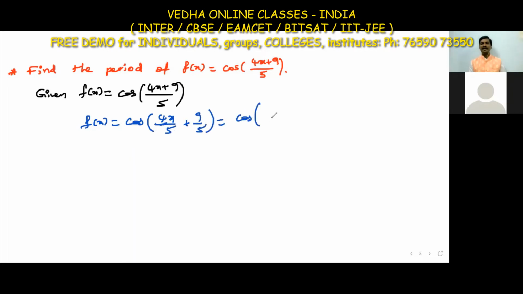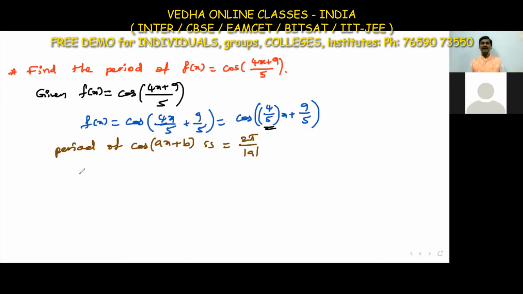So we can write this as cos of 4 by 5 into x plus 9 by 5. Now it is in the exact form of cos of ax plus b. Why? Because we have the formula for the period of cos of ax plus b, which is 2 pi by mod a. What is the x coefficient here?